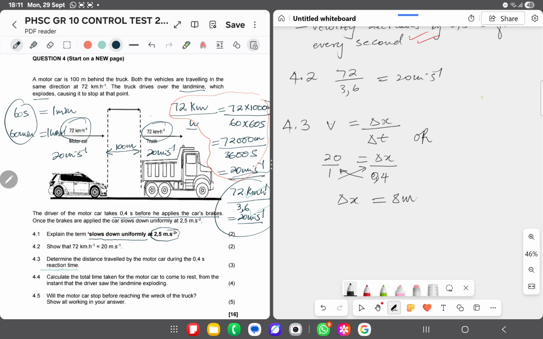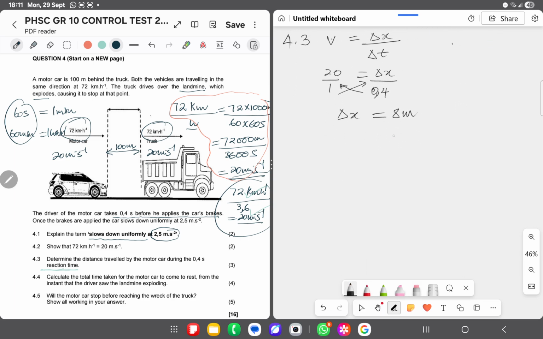Or now we have equations of motion. There's this one: delta x is equal to v i delta t plus half a delta t squared. So now the velocity, remember, the car moves at a constant velocity of 20 meter per second, multiplied by the reaction time, which is 0.4, plus half a. What's the acceleration?